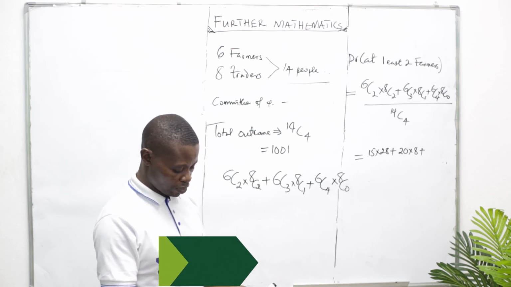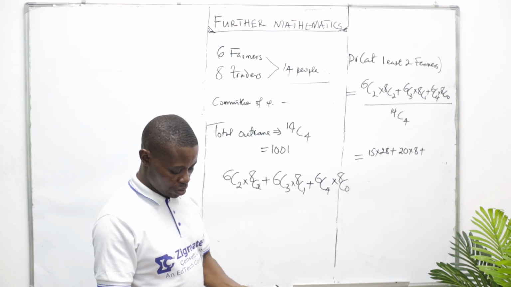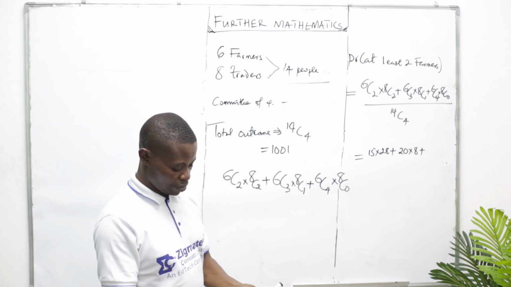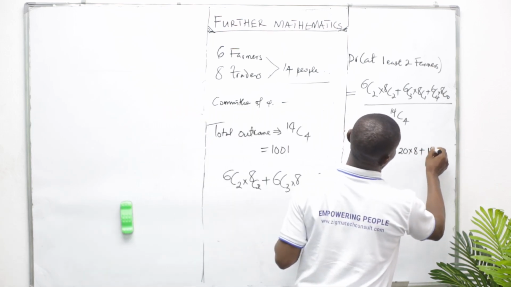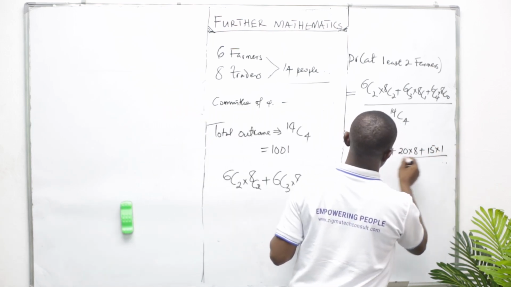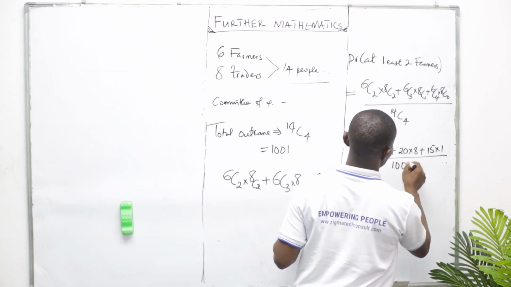Six combination 4, 15. 8 combination 0 should give us 1, divided by 1001.